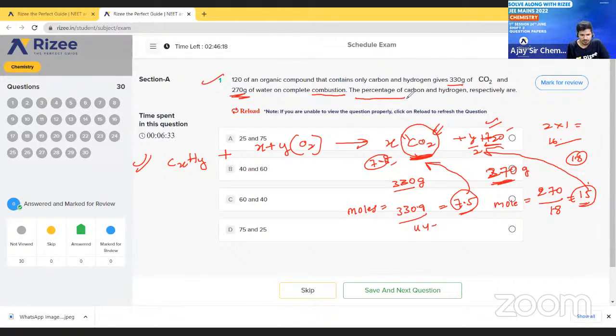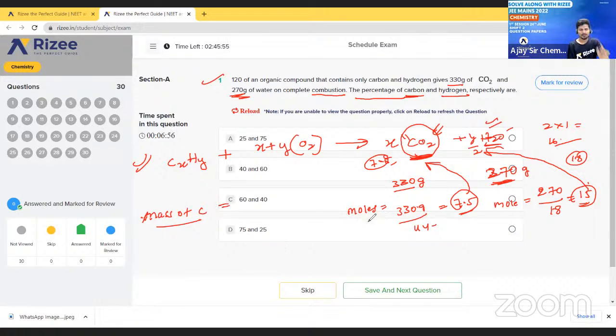The percentage of carbon and hydrogen. First of all, let me calculate the percentage of carbon. For that we first have to know the mass of this carbon.